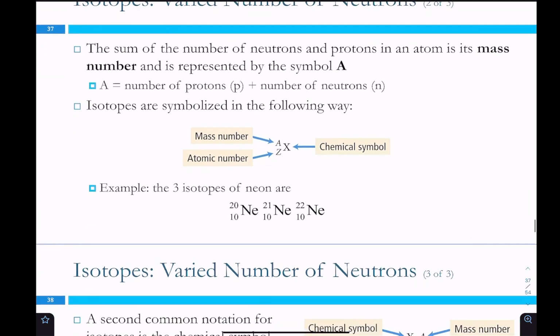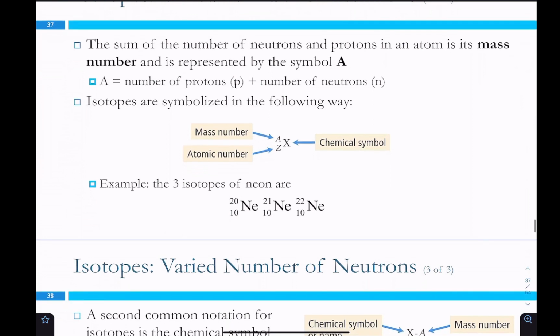Those three isotopes of neon would each have 10 in the bottom left, because that's the number of protons. That stays the same. But the mass number A is going to be 20, 21, or 22, depending only on the number of neutrons. So you can always find the number of neutrons by taking the mass number and subtracting the number of protons.